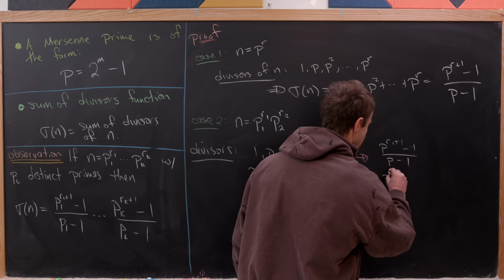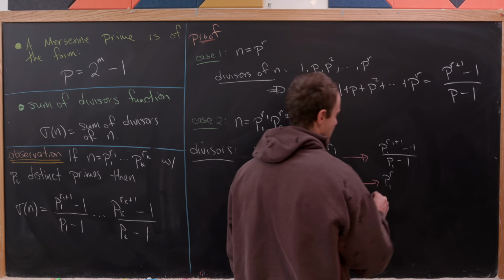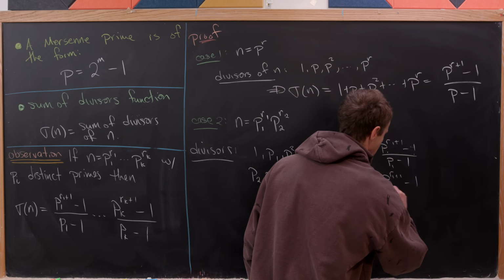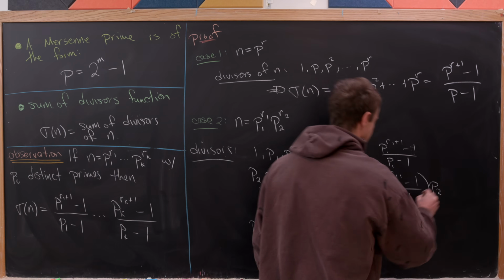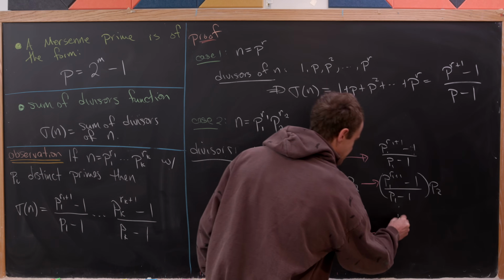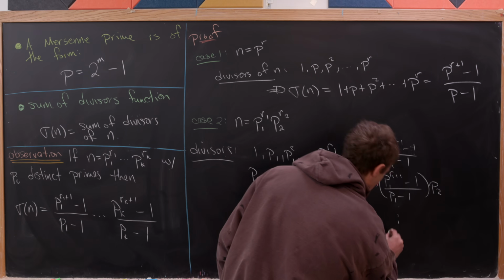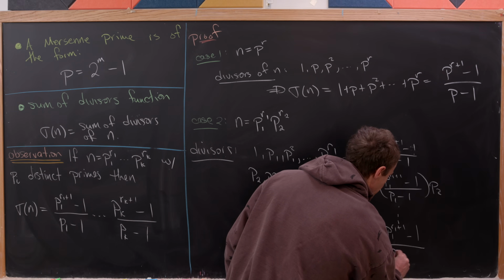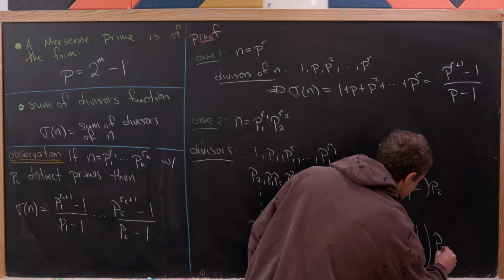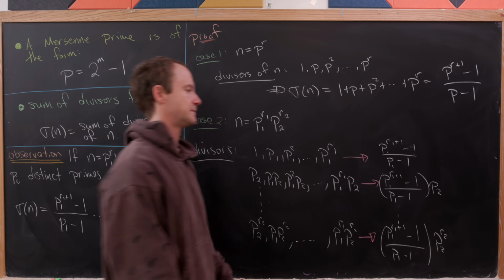Maybe we'll have this as p1 to the r1 plus 1 minus 1 over p1 minus 1 all times p sub 2. And then we go down here to this last one, and that's going to give us p1 to the r1 plus 1 minus 1 over p1 minus 1 times p sub 2 to the r sub 2.